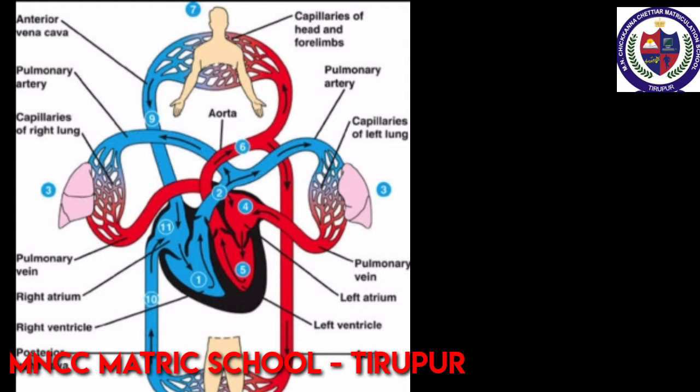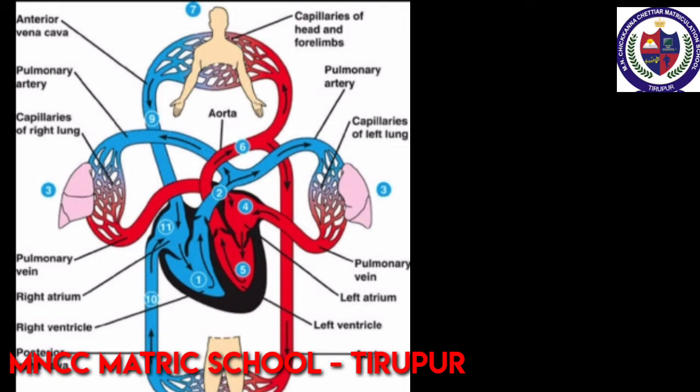Coronary circulation. The supply of blood to the heart muscles, that is cardiac muscles, is called coronary circulation. Cardiac muscles receive oxygenated blood from coronary arteries, which originate from the aortic arch.